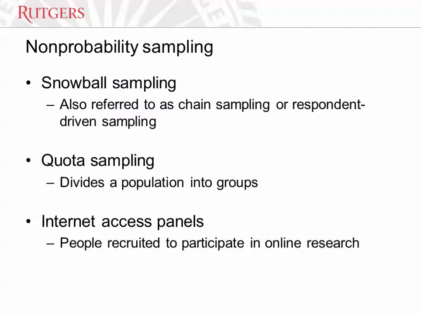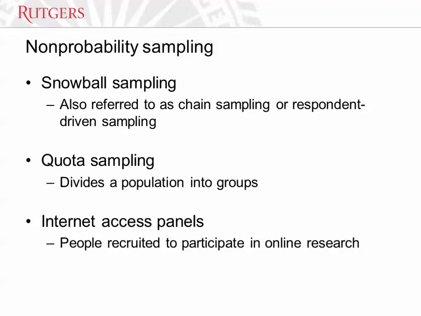In addition to those forms of sampling, other kinds of non-probability sampling are snowball sampling, sometimes referred to as chain sampling. It's basically recruiting a few people and then asking them to refer the researcher to other people, who then refer the researcher on to other people. So it's a kind of sampling by reputation or by referral. Sometimes researchers use quota sampling, which is when you try to target a certain number of people or groups that meet certain characteristics.